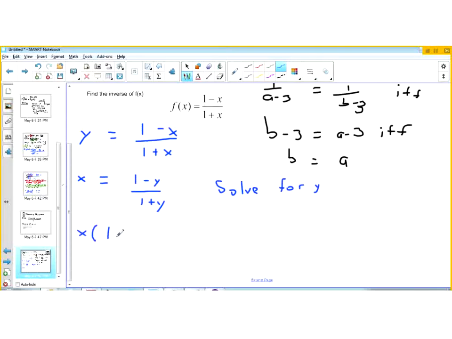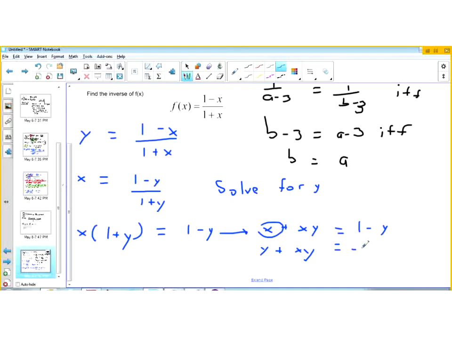So let's solve for y. So we have x, I'm going to cross multiply, x times 1 plus y is equal to 1 minus y. And so from there we get x plus xy is equal to 1 minus y. And now I'll get all my y's on the left-hand side, so I'll have y plus xy.